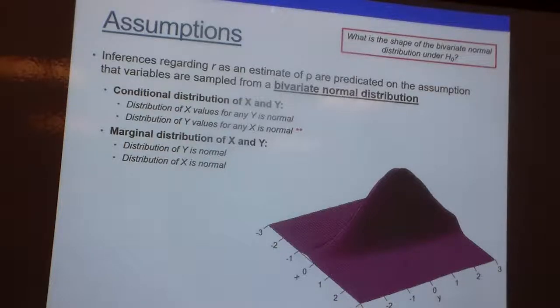Would it look like this, or would it look something a little bit different? Flat. Not quite flat, right? Because we're still assuming conditional normal distributions. How might that differ from this one here?